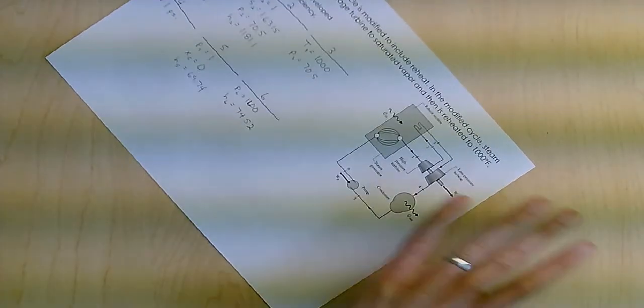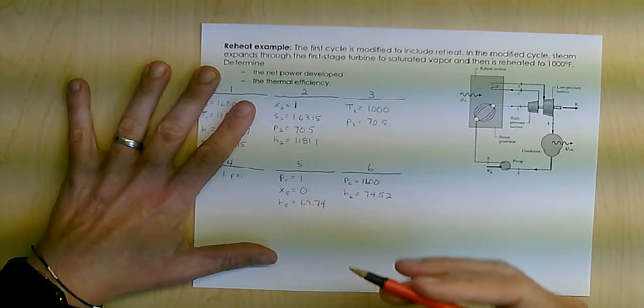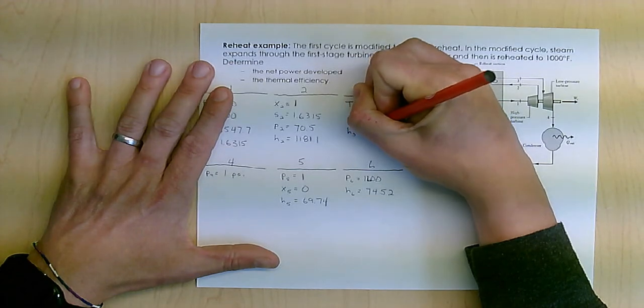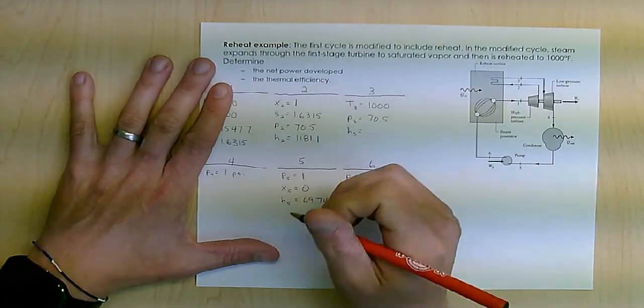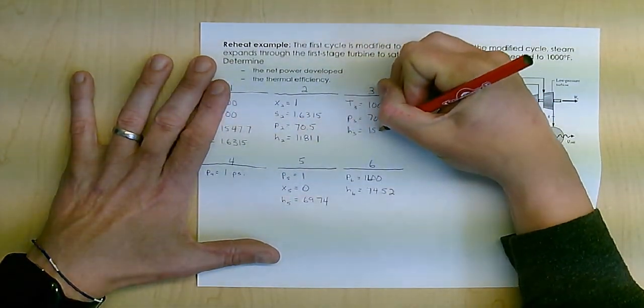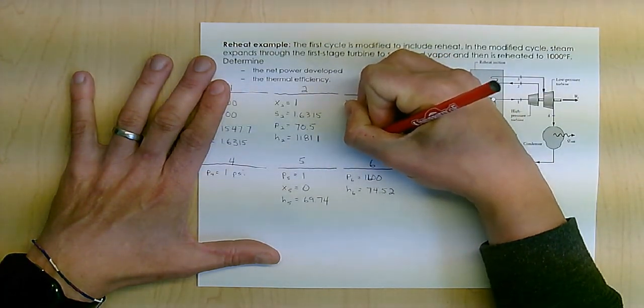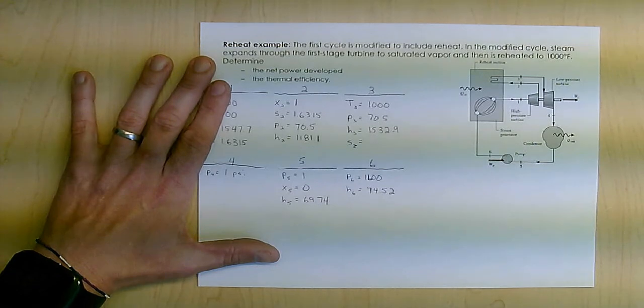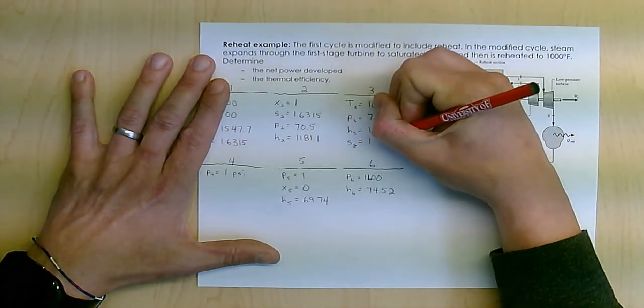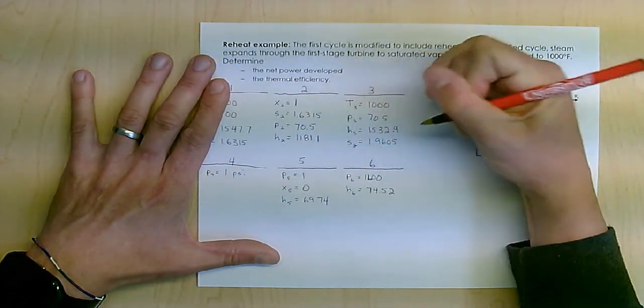So come back over here again. My H value at state 3 is 1532.9, and my S value after I do my interpolation is 1.9605.